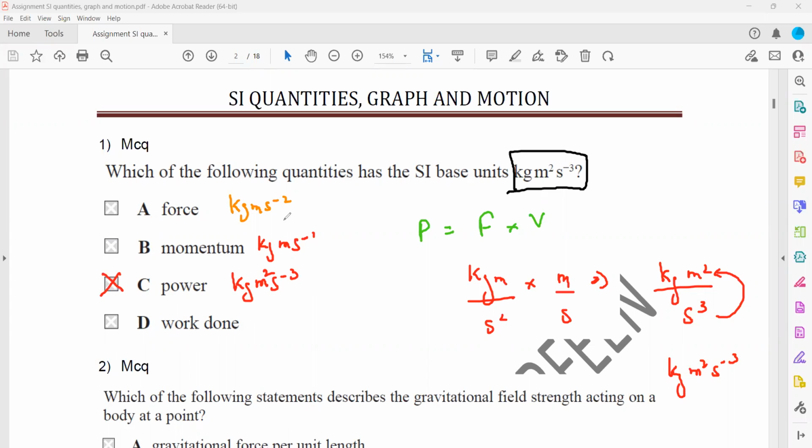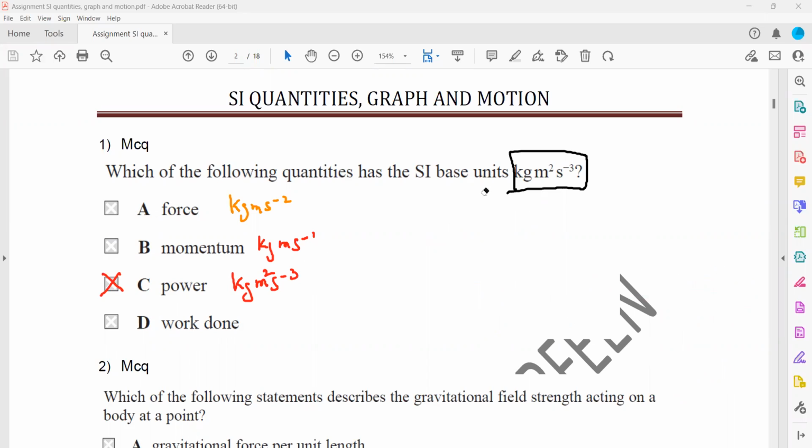And what about work done? We can also work out the base unit of work done. Even though we know the right answer is C, we can also work out the base unit for work. The formula for work is the product of force and displacement. The unit of force is Newton, but the base unit is kilogram meter per second square.